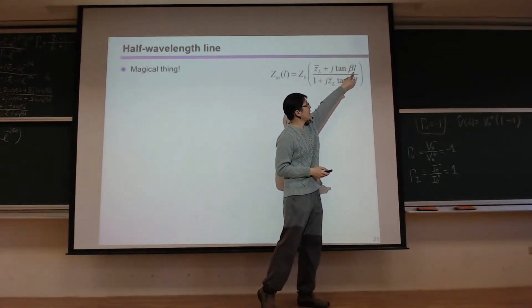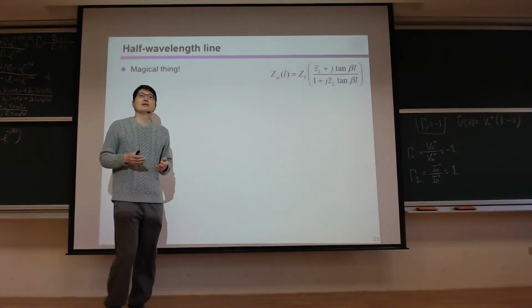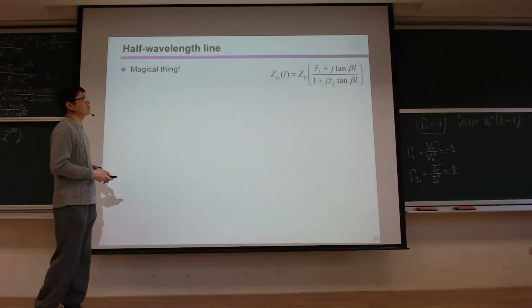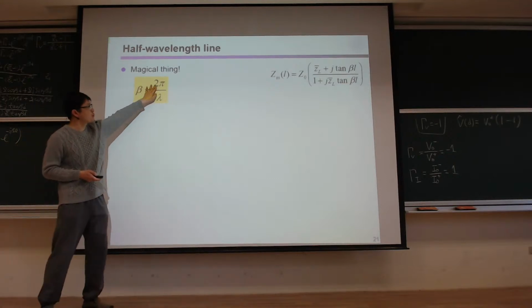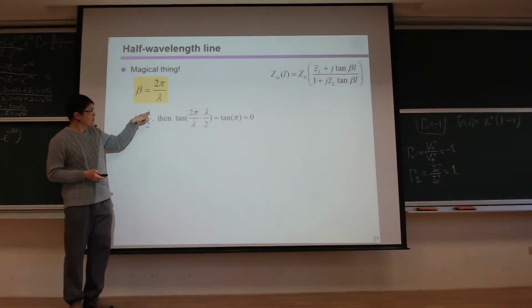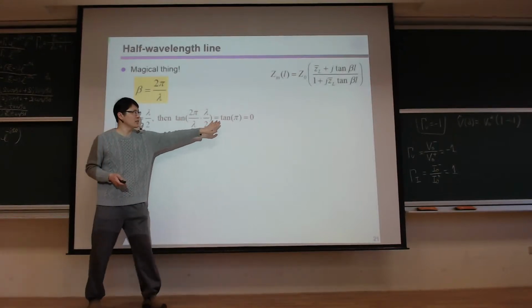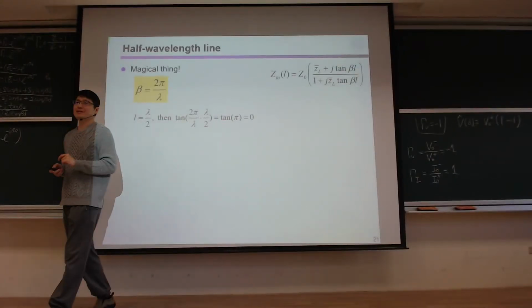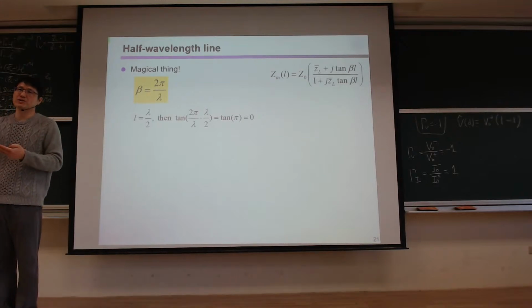And now let's make L equal to lambda divided by 2. You still remember beta equals 2 pi divided by lambda. So tangent beta L is tangent pi. Right? Tangent is sine divided by cosine.